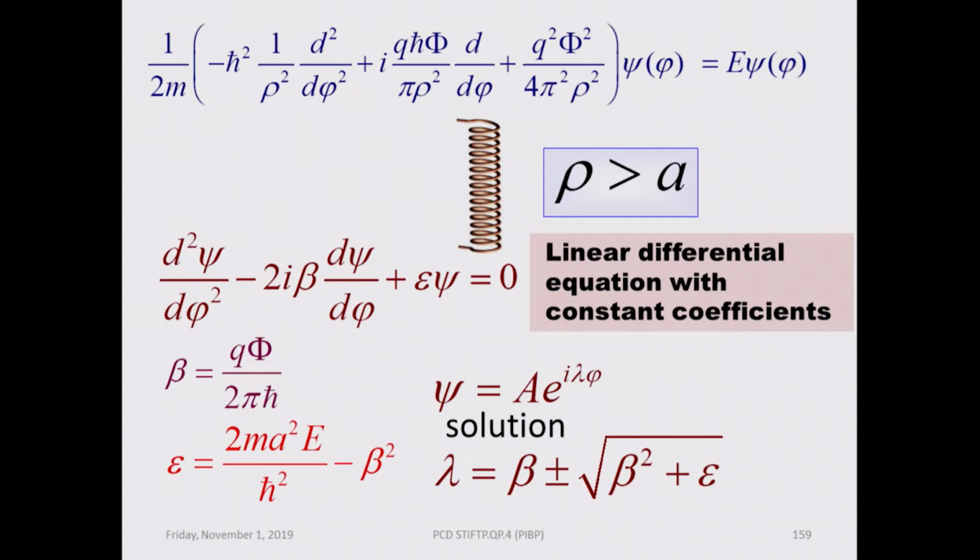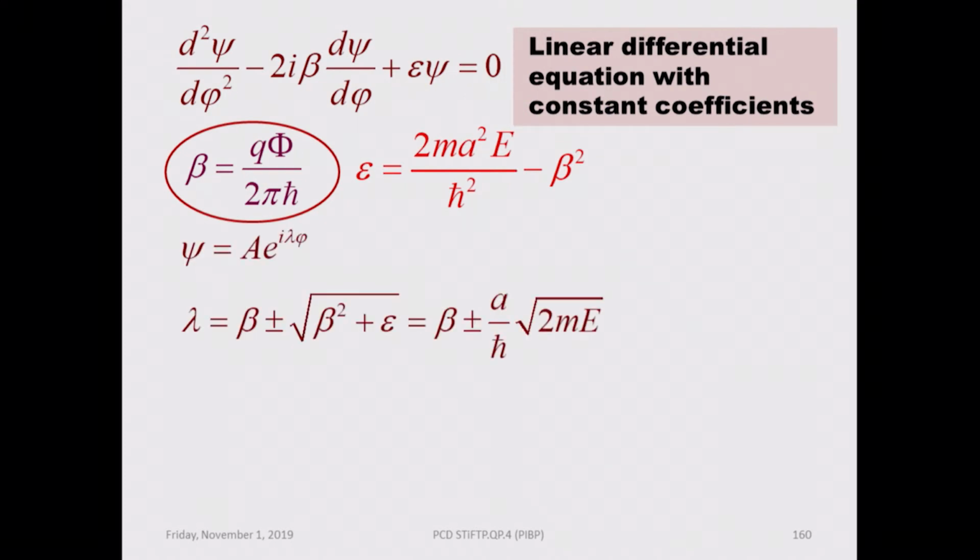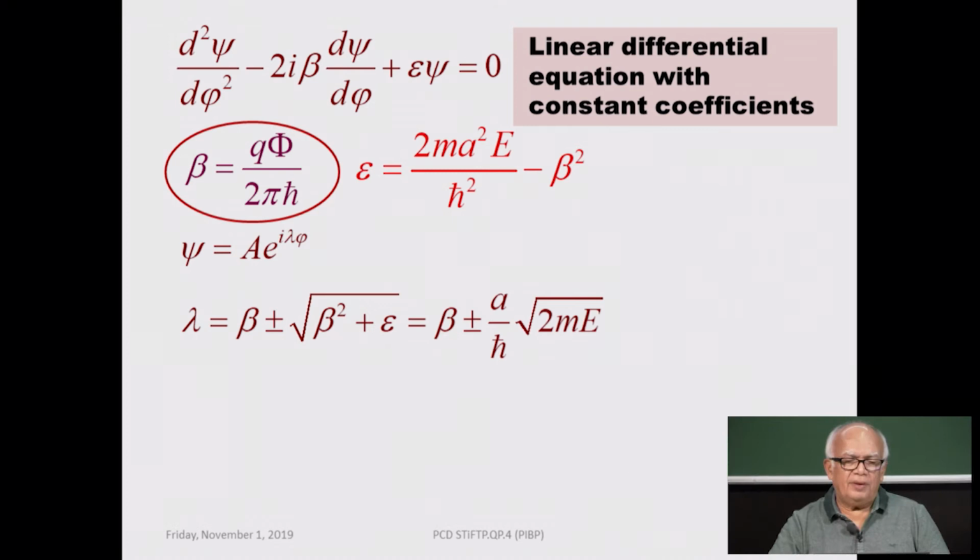So, this is easy to get, all you have to do is to put it in and check it out, please do it. So, this is your solution to the differential equation, and that gives you the tool to determine the energy eigenvalue of this problem, because square root of 2 m e is appearing explicitly over here. Okay.